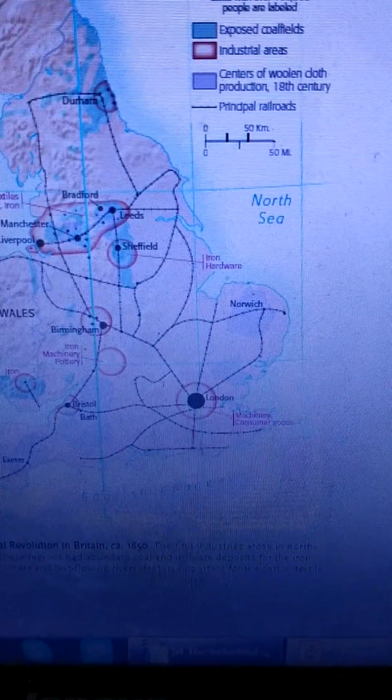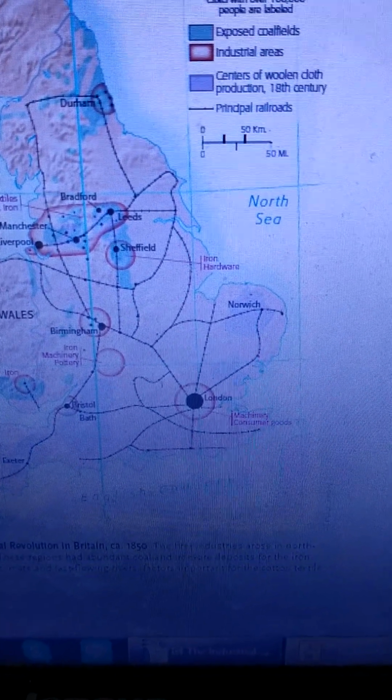Okay. Norwich, you will note there, is in the agricultural areas of eastern England. And we've already seen from our work on the English Civil War that the areas of capitalist agriculture, where the land was used to make a profit, are based in eastern and southeastern England. So we've already got wool as a textile.